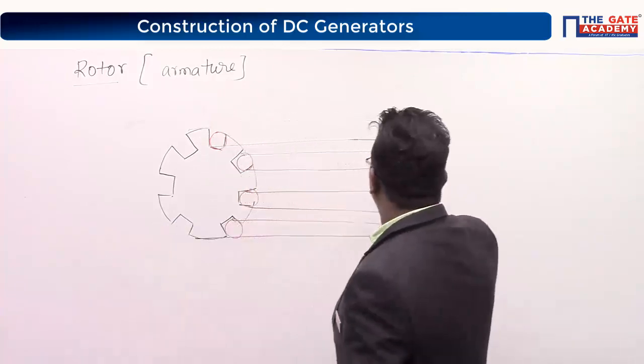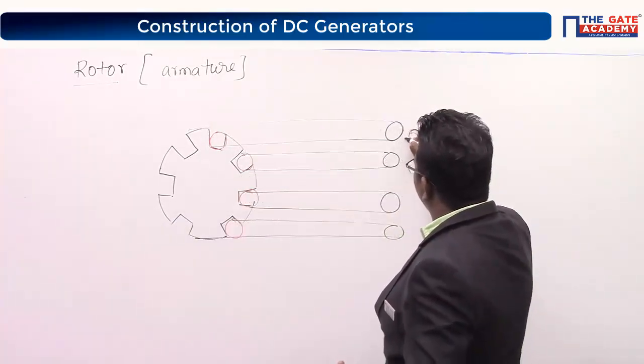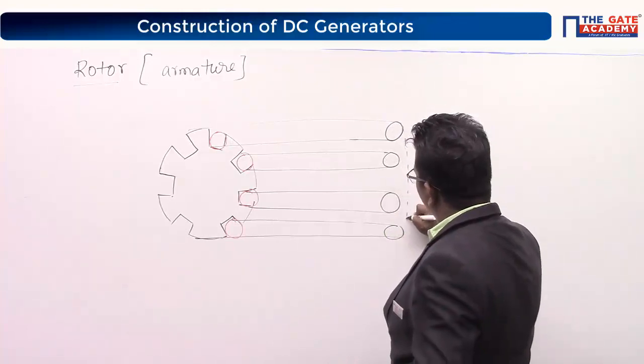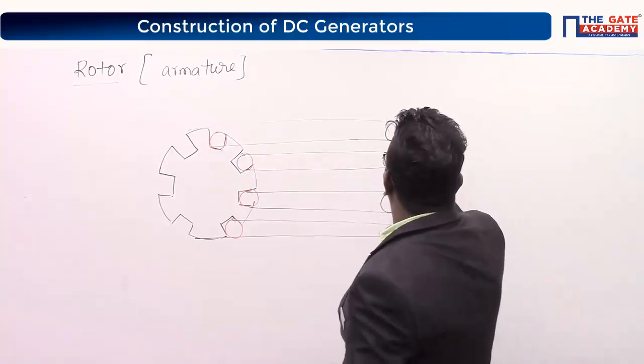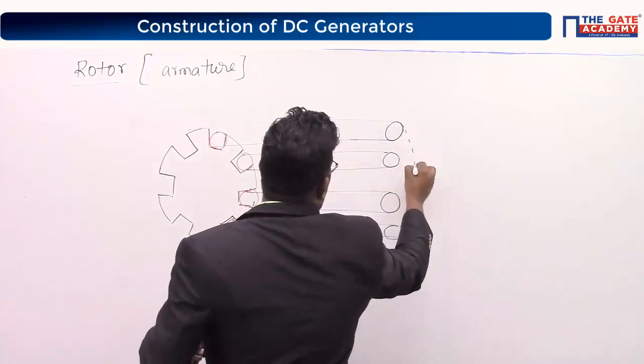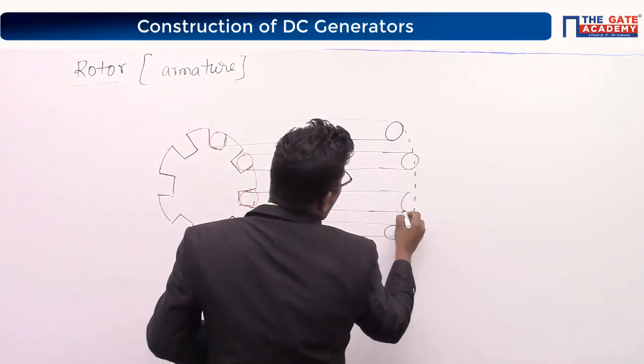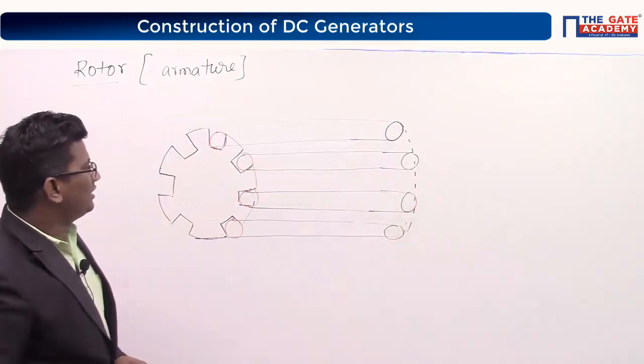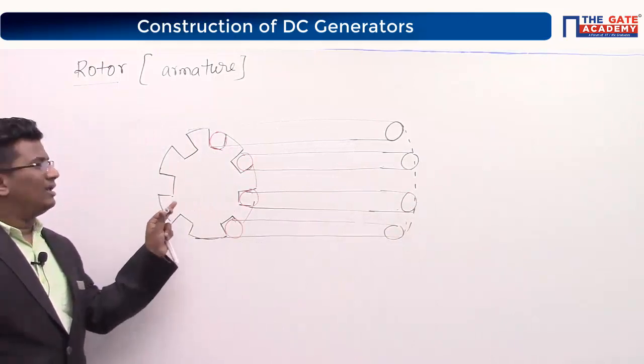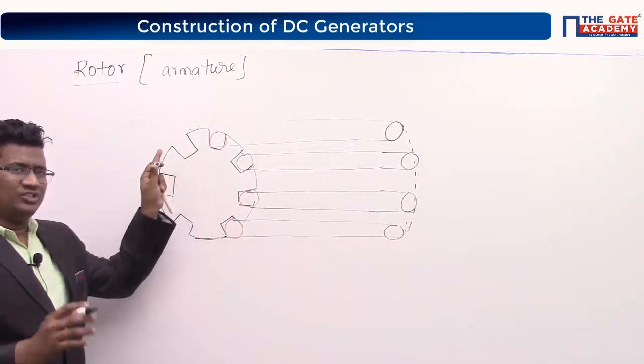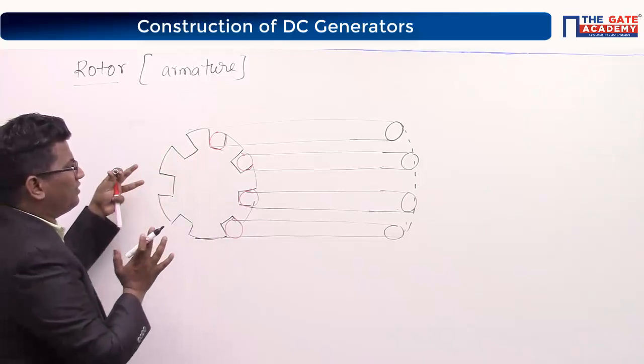Look at this side. Just now we have seen the conductors only from the front view, right?